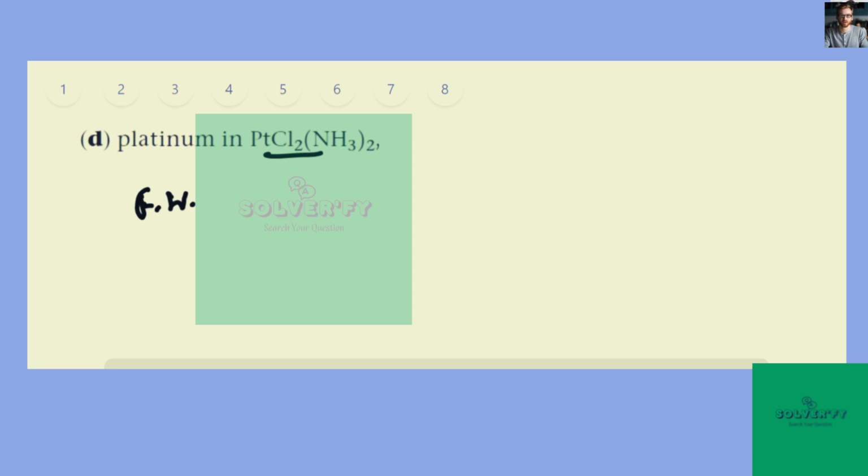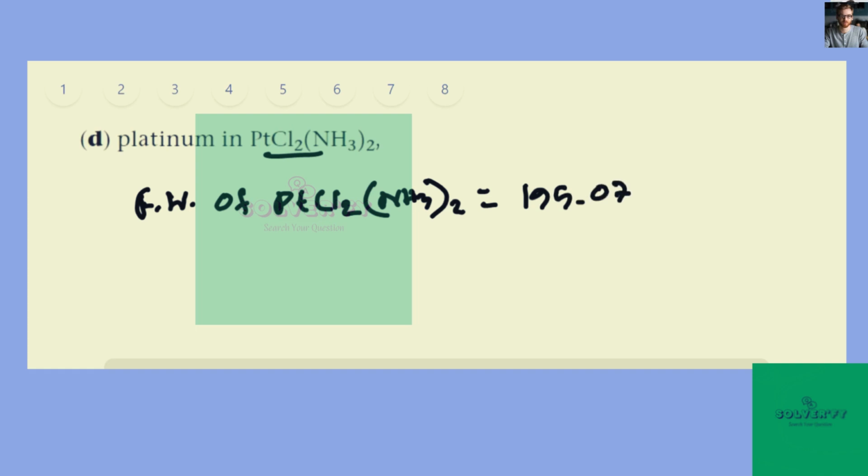The formula weight of PtCl2(NH3)2 will be, so the platinum's atomic weight is 195.078 atomic mass unit. Then we have 2 chlorine, and chlorine has an atomic weight of 35.453.